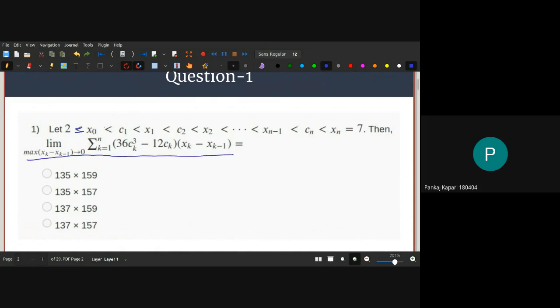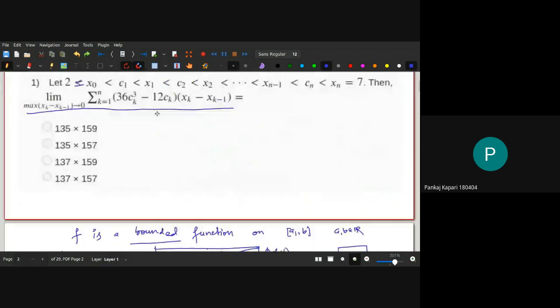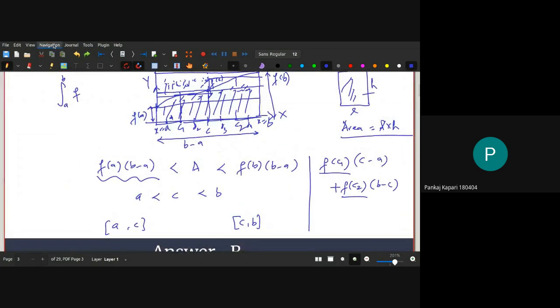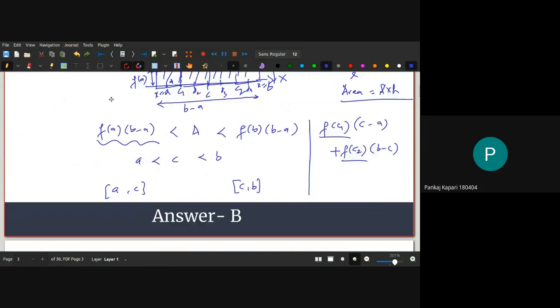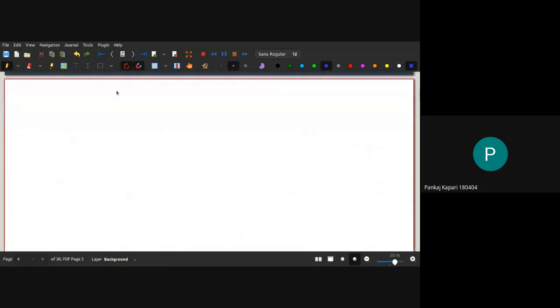And the partition is also given, so you have a partition of the interval from 2 to 7, a closed and bounded interval.